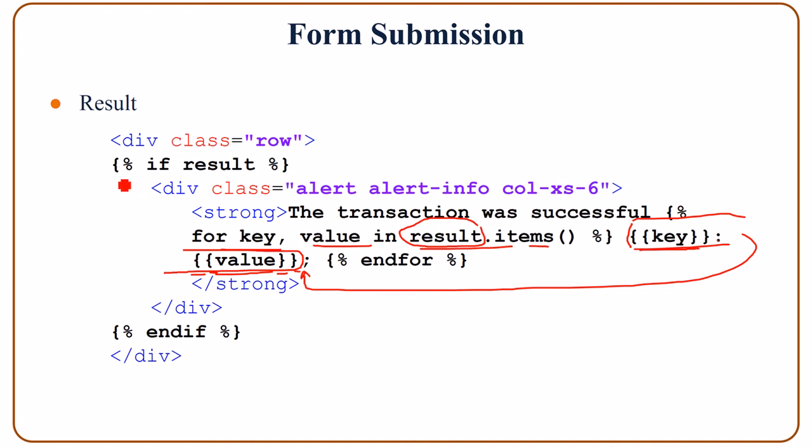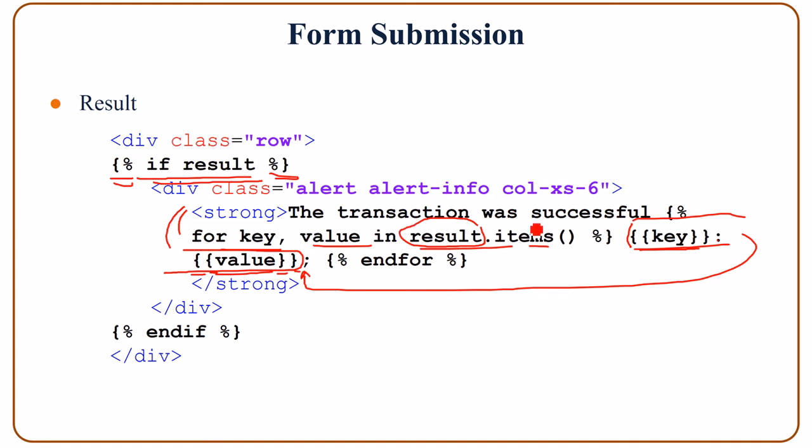And code is written inside the curly bracket percentage, right? Basically, you check if there is a result or not. If there is, then print something like this, right?